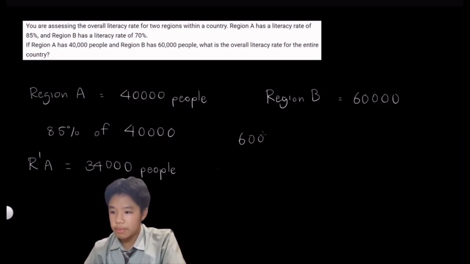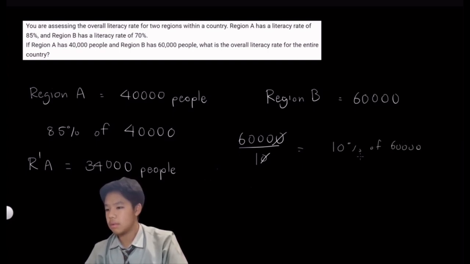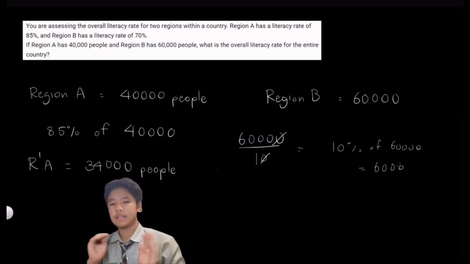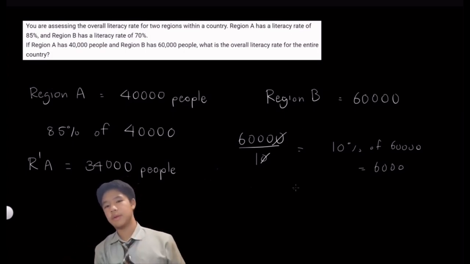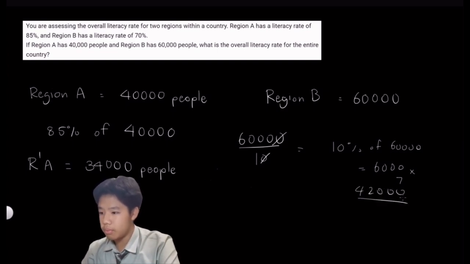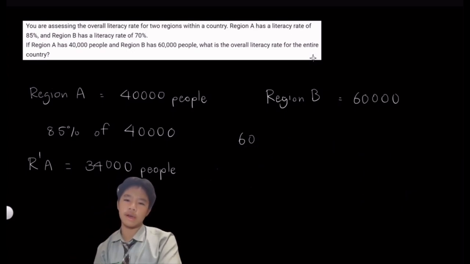So just chop, chop, and boom, we get 10% of 60,000 is equal to 6,000. And once we get that 6,000, since 60,000 is 10% and 70 is 7 times 10, we just multiply 6,000 by 7. So boom, boom, boom, 42,000. So 70% of 60,000 is 42,000.